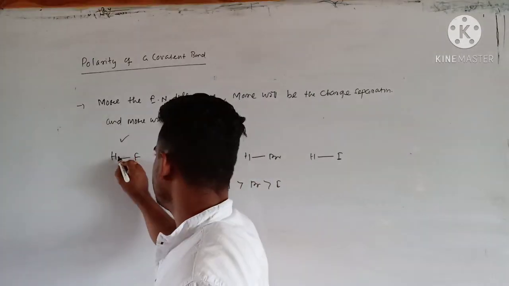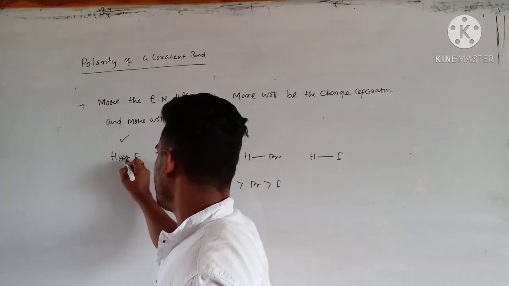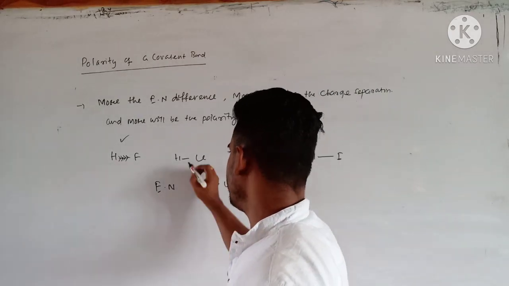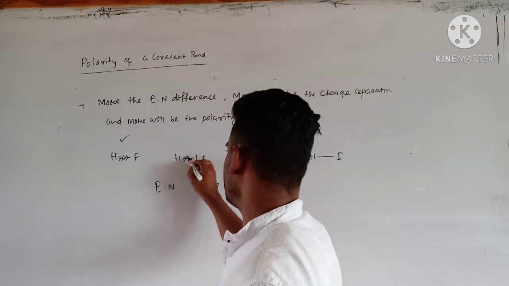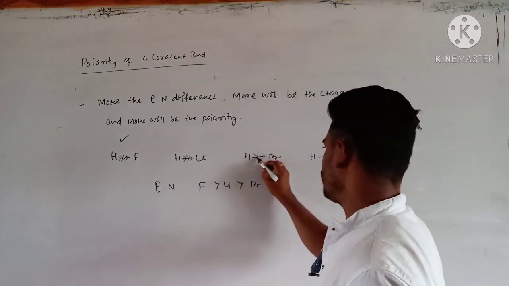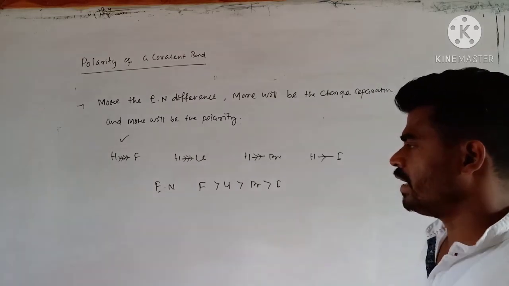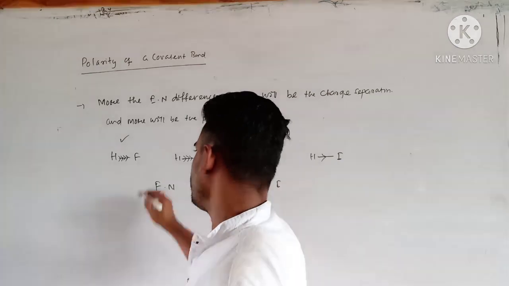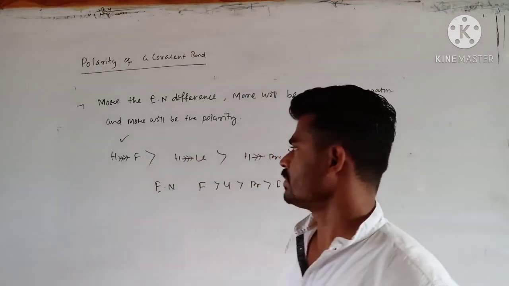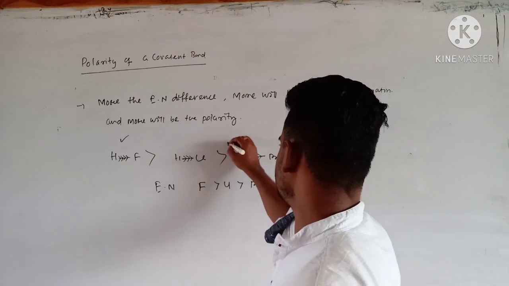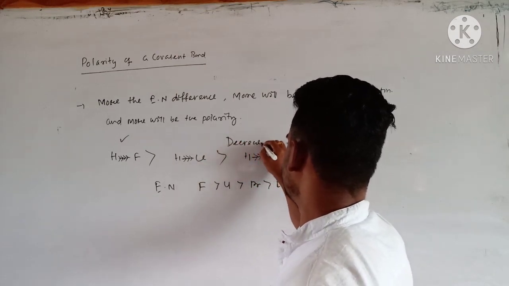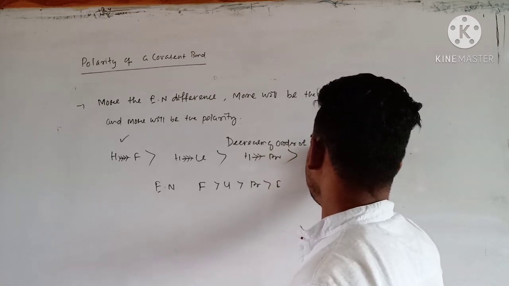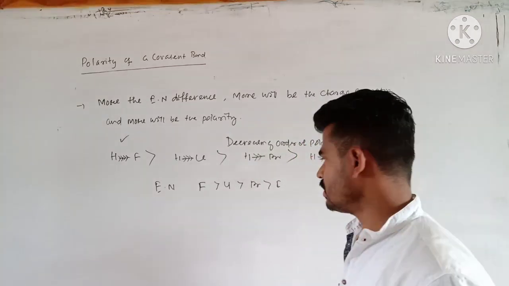So the polarity order varies like this: HF > HCl > HBr > HI, the decreasing order of polarity. Is that clear? So this is the reason.